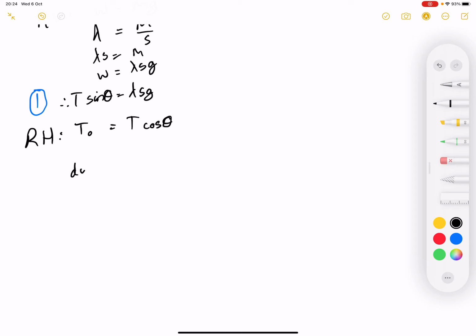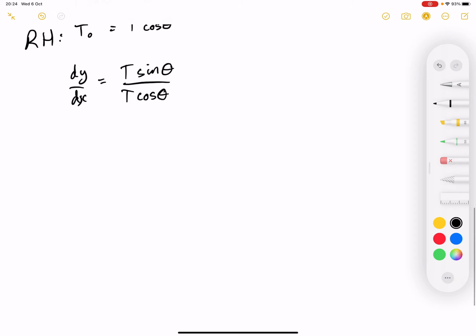So dy by dx is equal to T sine theta divided by T cos theta. The T's will cancel and we get sine theta over cos theta. So therefore dy by dx is equal to tan theta.